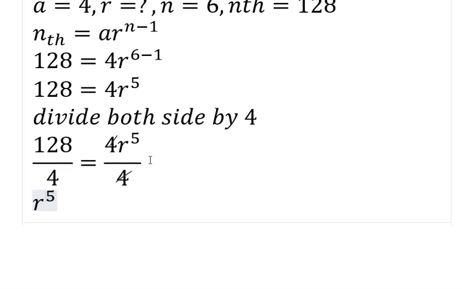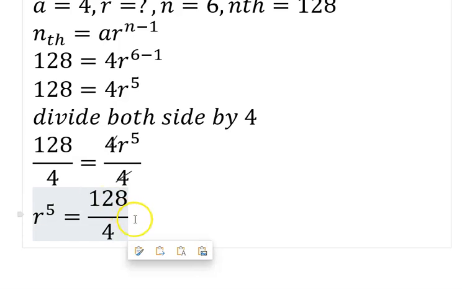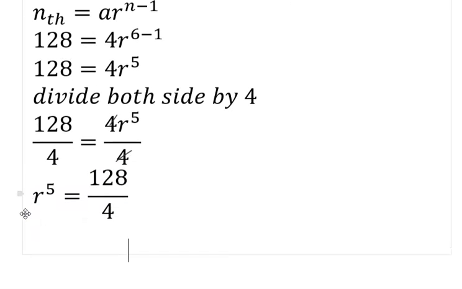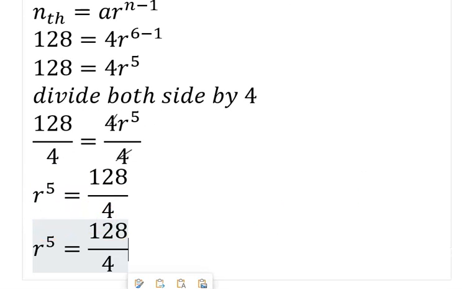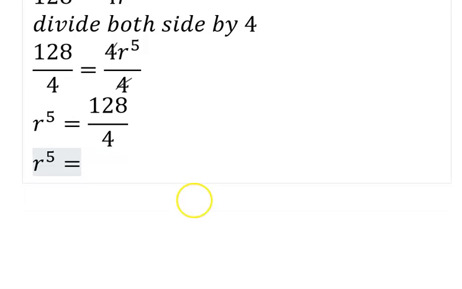Awesome. So now that our 4 has cancelled out, we are left with R raised to power 5. So we can now bring out our calculator and punch 128 divided by 4, it will give us what? 32.